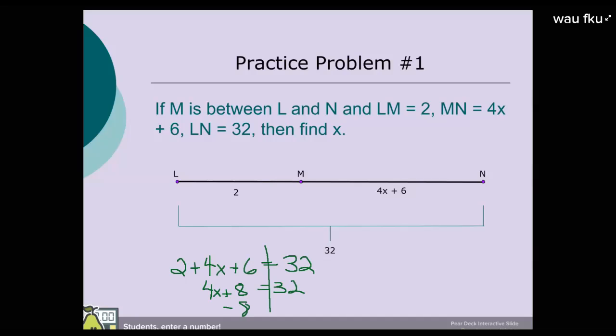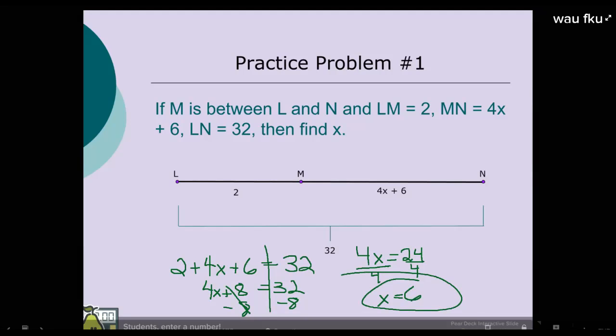So subtract 8 from both sides. So 4x equals 24. And then divide by 4. And we arrive at x equals 6. Any questions on this one? Okay, moving on.